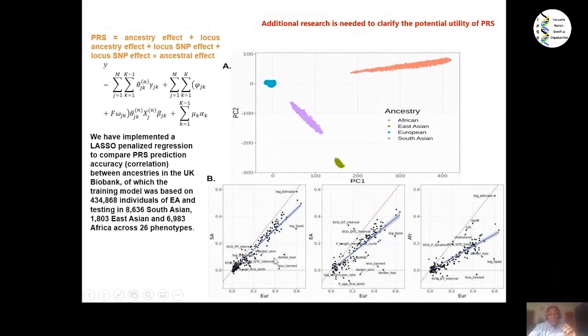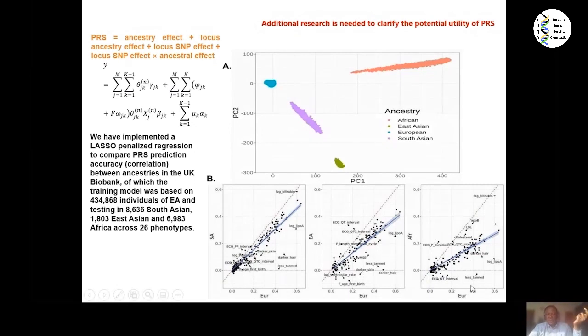So in this plot, as I was saying, European is on the x-axis. We used European as the training model, and South Asian as the test model. We can see that the correlations, the predictive accuracy, improve when you use a training cohort closely genetically related to your cohort in the test model.